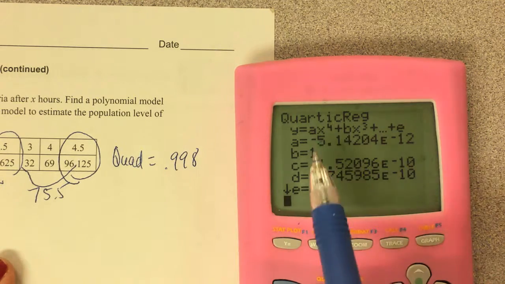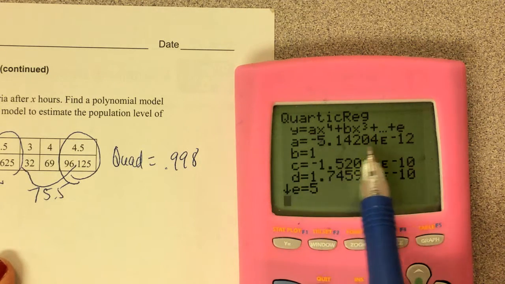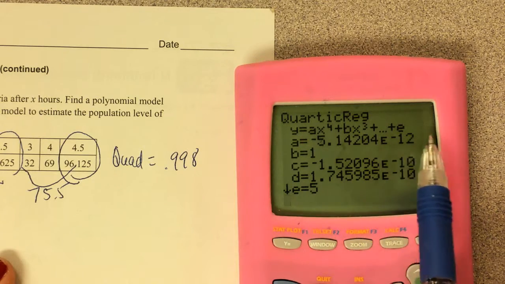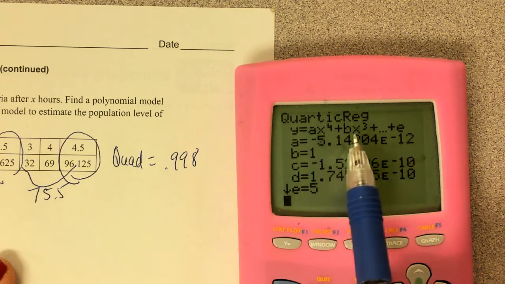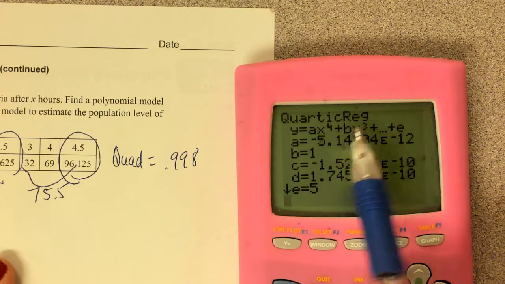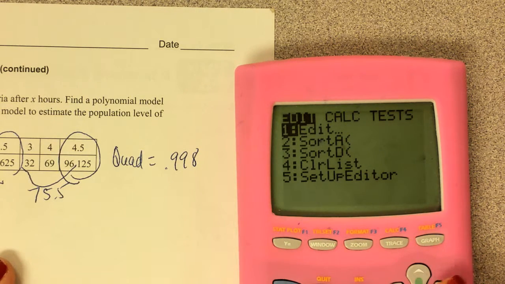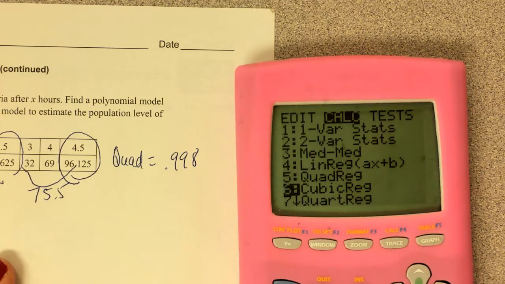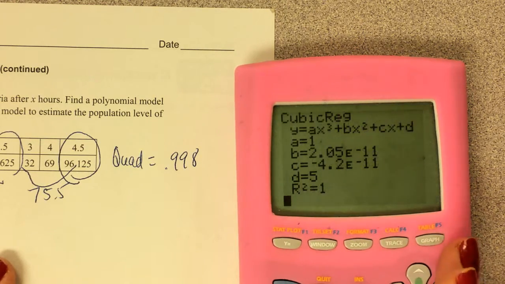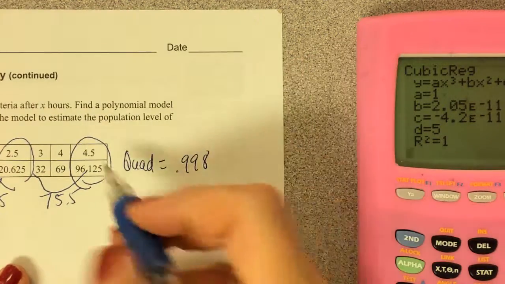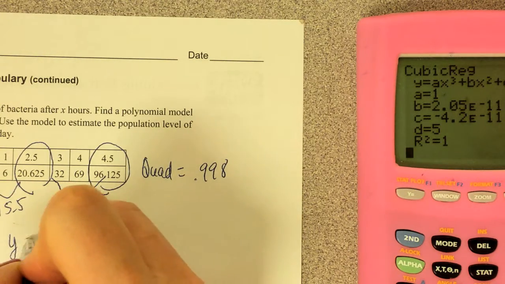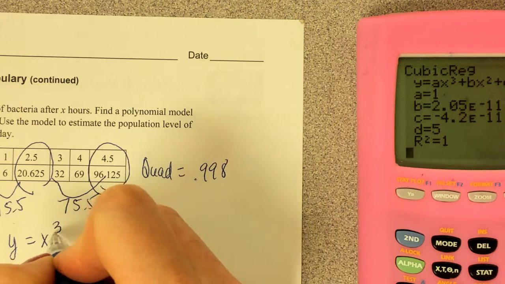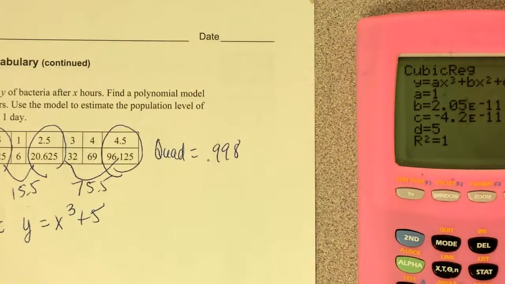But if you look at this quartic, what did I say this really is? 0 for x to the 4th. So what does it end up really just being then? A cubic, right? So our cubic was actually the best estimate. So I'm going to go back and get that cubic again. Okay, so this is the best one then. We're going to go with the cubic, and it's going to be y equals x to the 3rd plus 5.